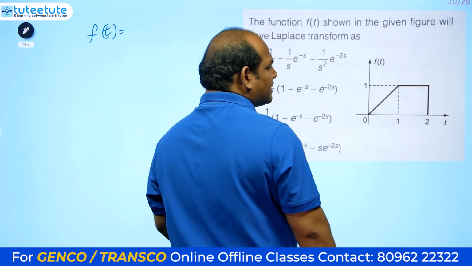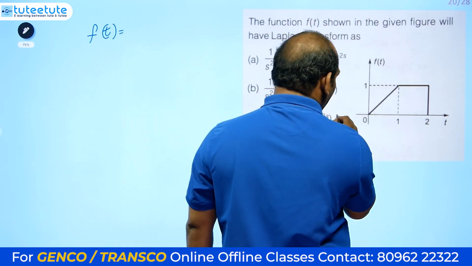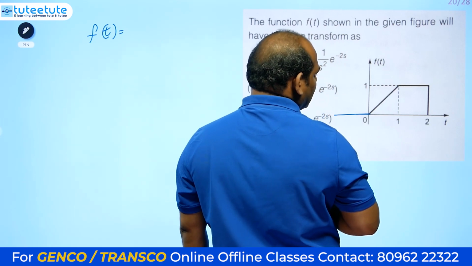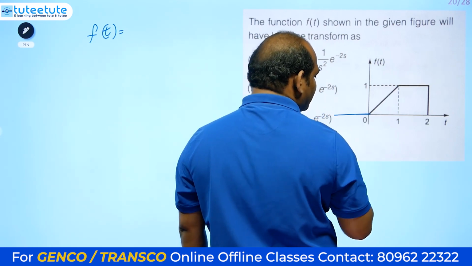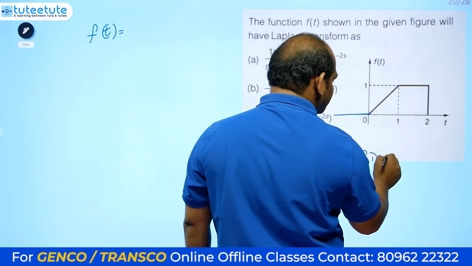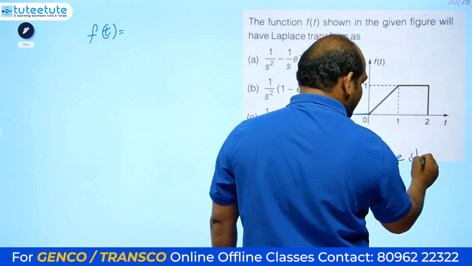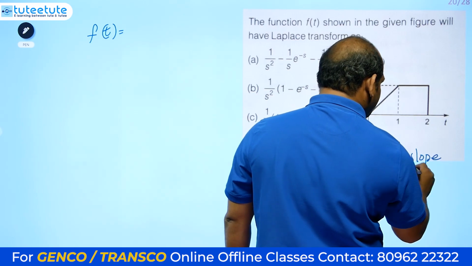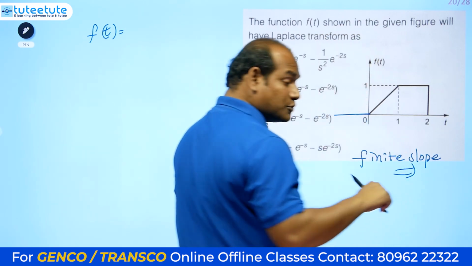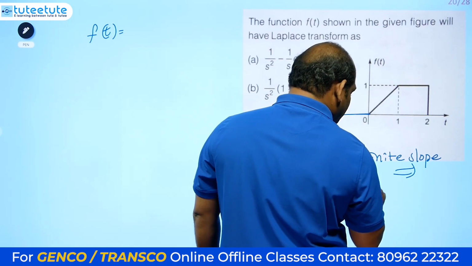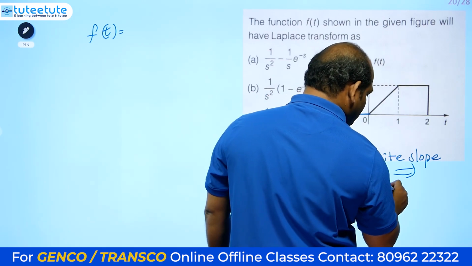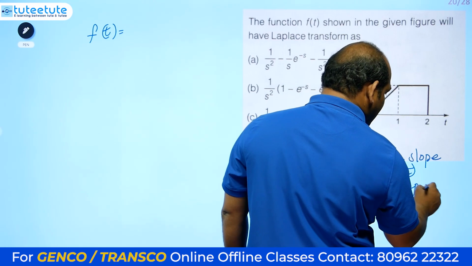First, we don't have any amplitude, that means slope is also 0. One thing you remember, whenever you have finite slope change, you see the slopes. When you have infinite slope, then you see amplitudes.